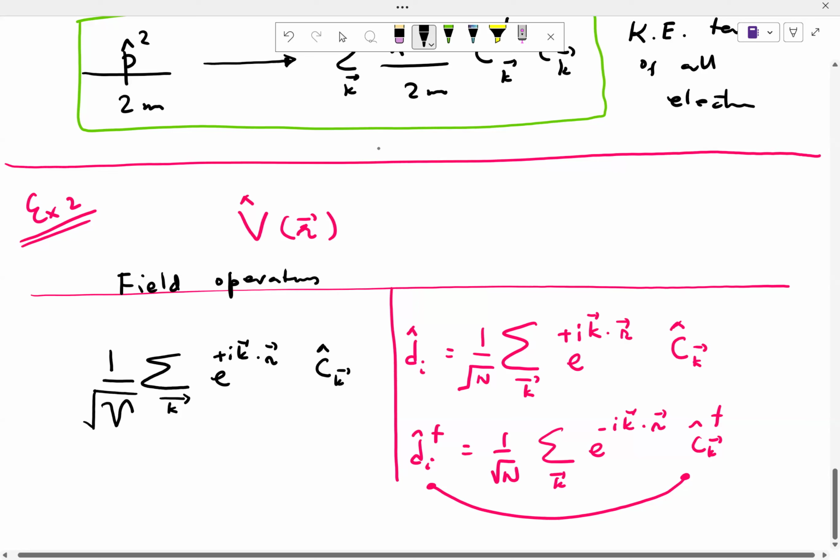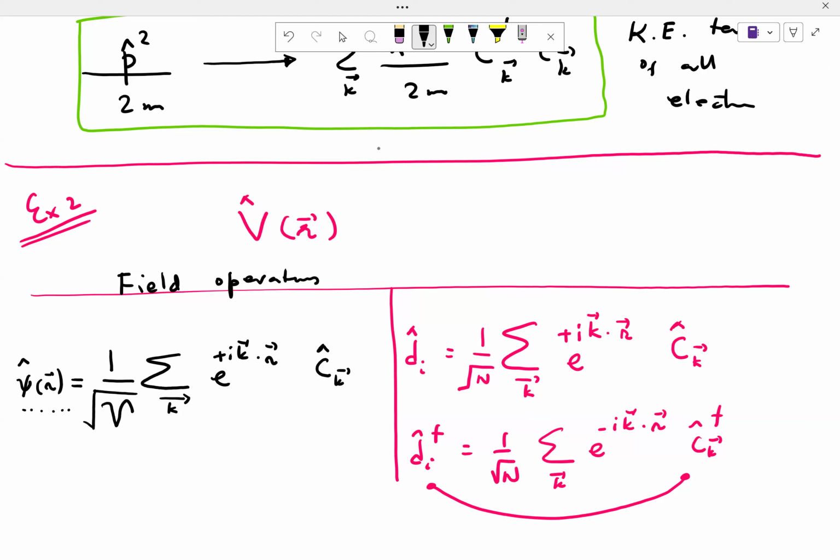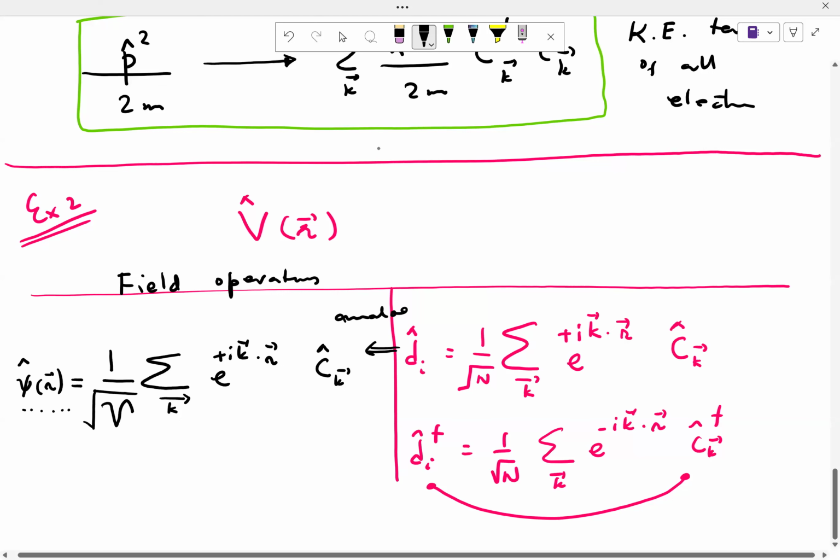Okay. So this is also called a field operator, psi(r). So this field operator is a continuous variable operator, and it's just the analog of this. So this is how we define field operators.